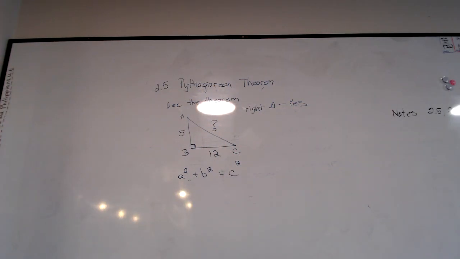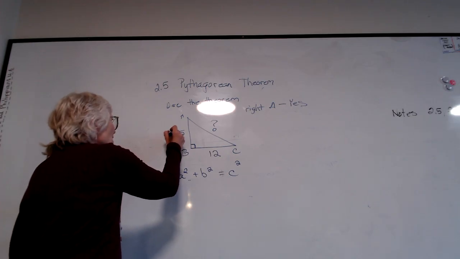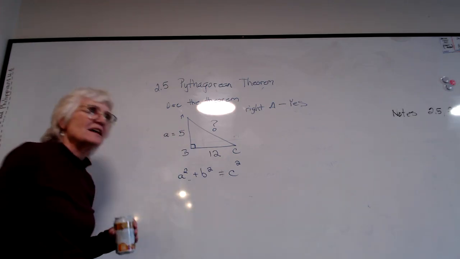Okay. What size would you like, or which side would you like to call A? The one that's the length 5 or the one that's the length 12? Which one do you want to call A? It doesn't matter. Do you want 5 or 12 to be A? 5. Okay, so she's going to say that A is equal to 5 because that's one of the legs.